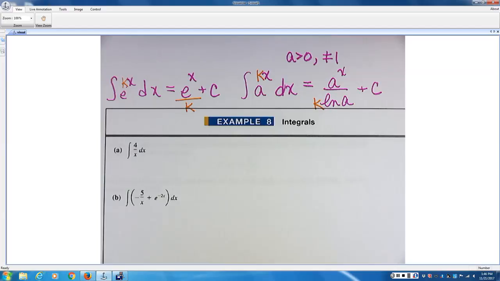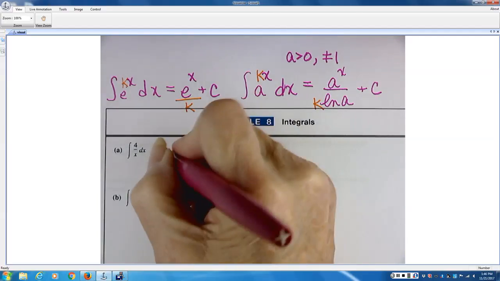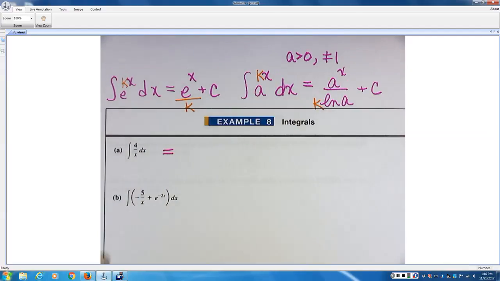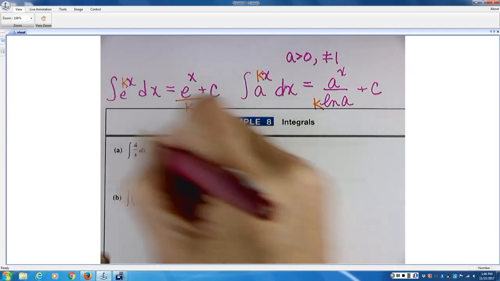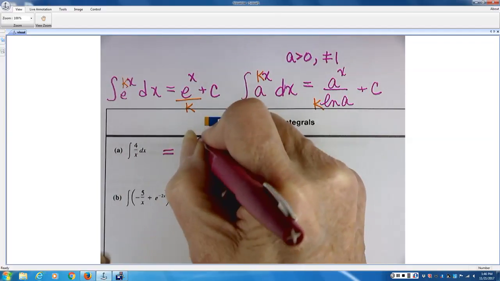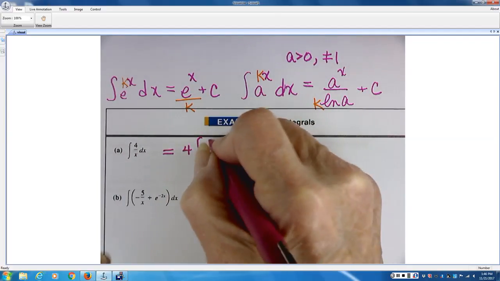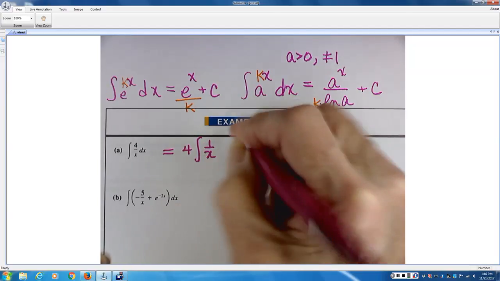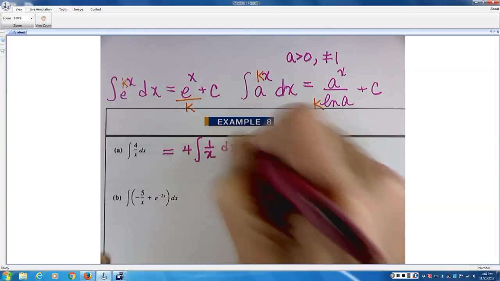So, for example, we have 4 over x. The integral of 4 over x. And just to avoid the distraction, I'm going to take the 4 and pull that out in front of the integral and just do the integral of 1 over x dx.